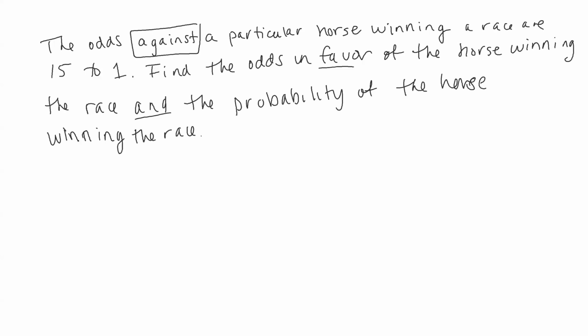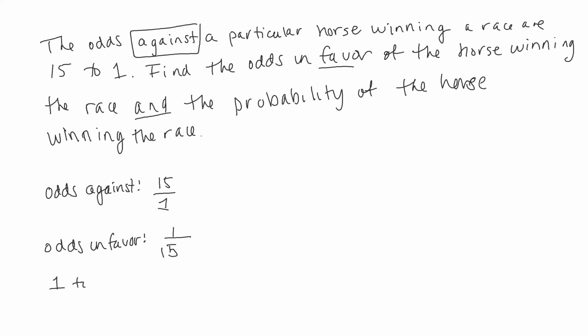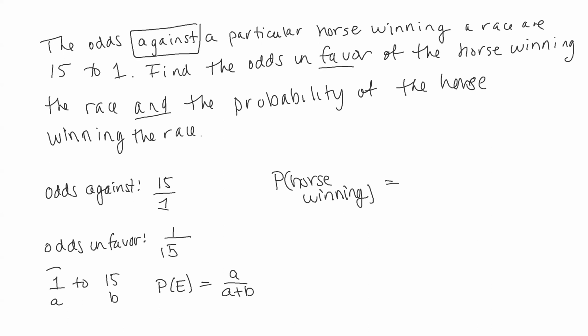Okay, so in this particular case, we're given the odds against. So the odds against the horse were 15 to 1. That means the odds in favor are going to be the reverse of that. It's going to be 1 to 15. Okay, so then we already know that if the odds in favor are 1 to 15, this is like our A, this is like our B. And we could have the probability of that being A over A plus B. So the probability of the horse winning is going to be A, the ways it wins, over the sum of the ways it wins or loses.